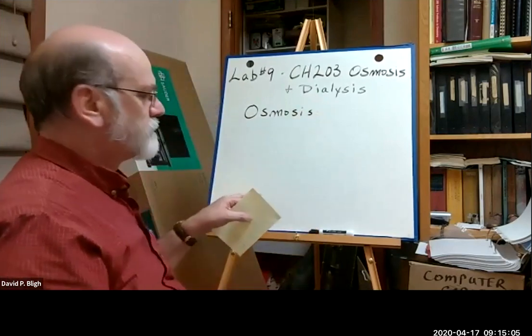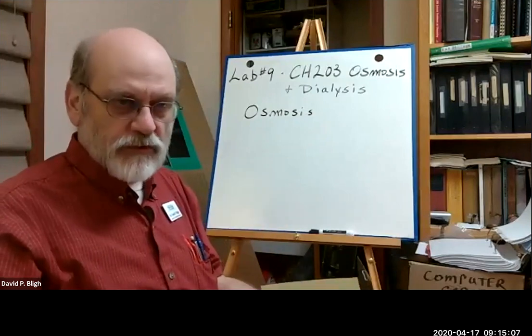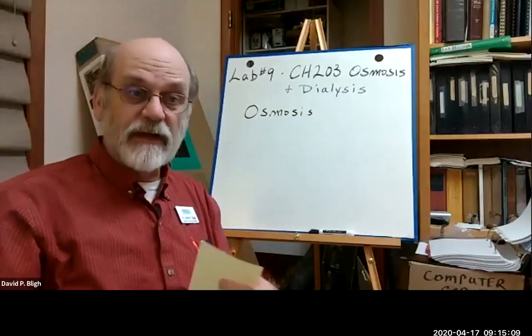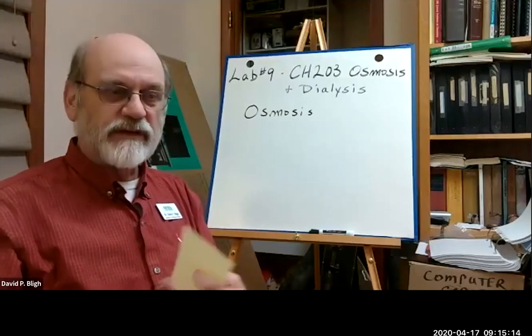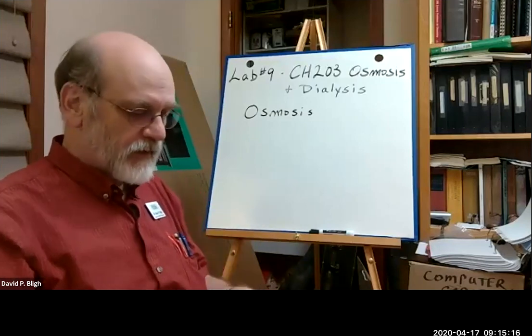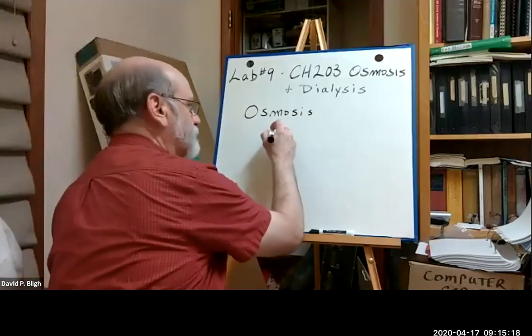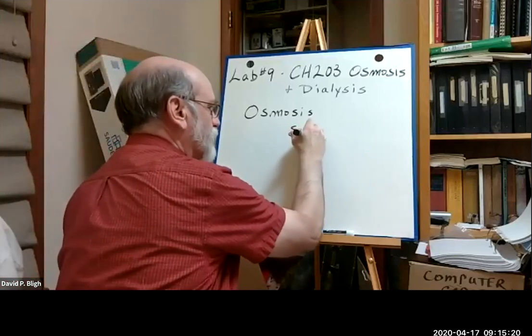Osmosis requires two solutions. And these solutions are separated by a membrane, which means some things can pass through it. This particular type of membrane is semi-permeable.